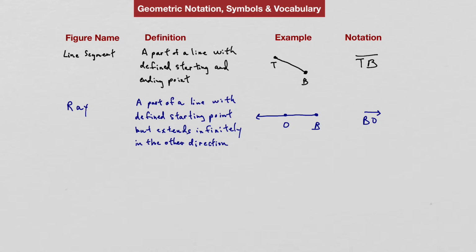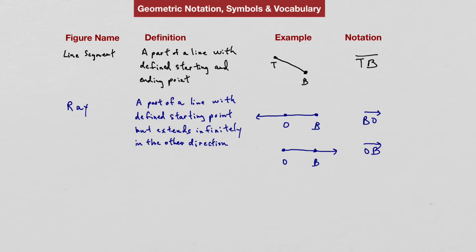If it were the opposite direction, in other words, if it starts at O and extends infinitely towards B, then this would be called ray OB. So the order of the letters or the points matters in this case.